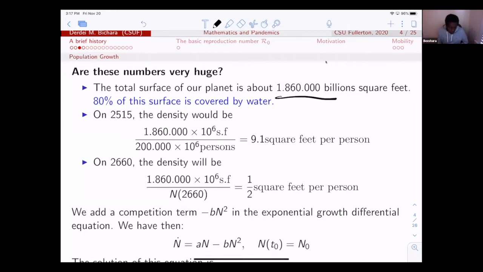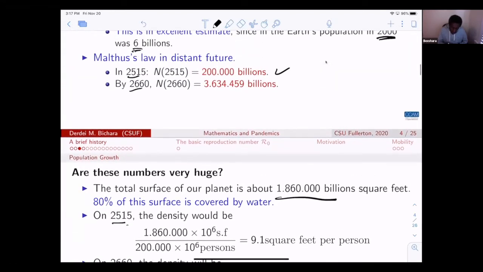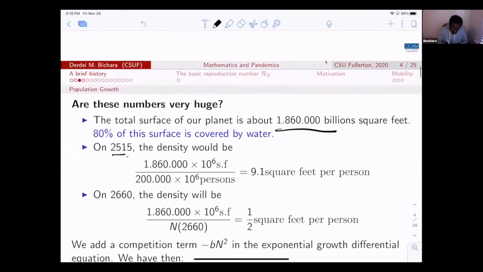But even if we suppose that we are technologically advanced enough to live in every inch of our planet, in 2515 the density would be, that's what we got here, the surface divided by the number of population.